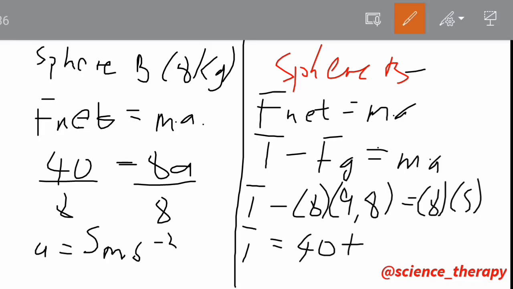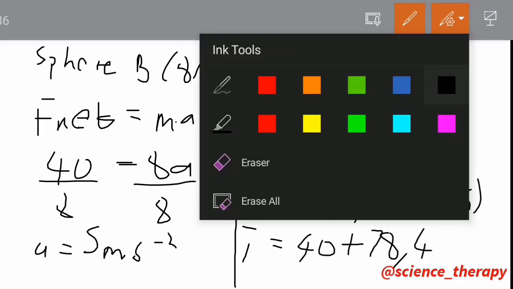But if we transpose that, positive 78.4. Now what is your tension? The tension at this point will be 118.4 newtons. So that's your tension.